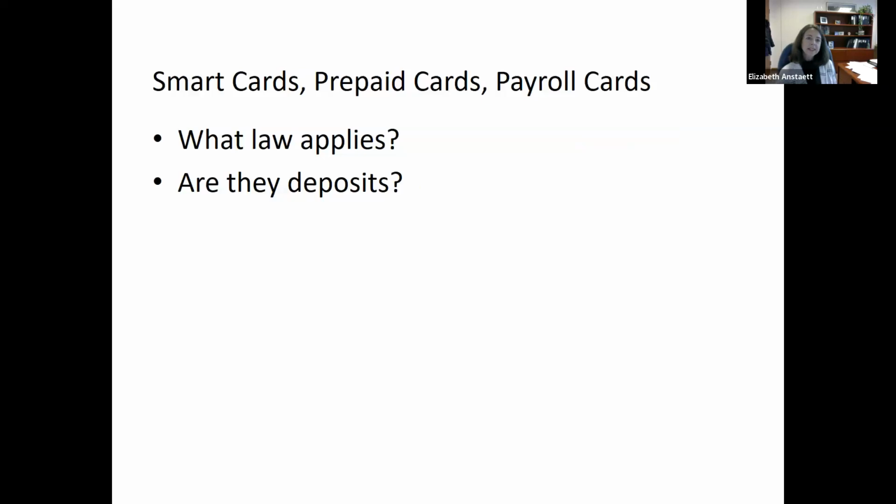But this does bring up this whole issue of compliance. Obviously, that's our focus. I did just want to give you some background on these payment cards and some of the cases that got us to where we are now.